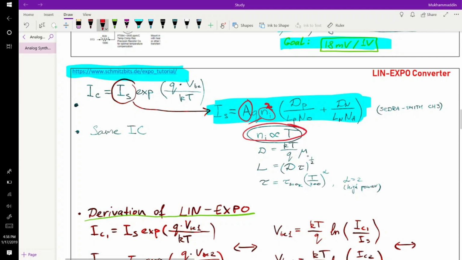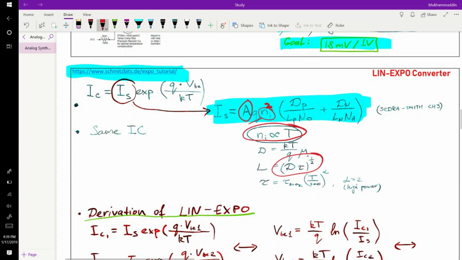Diffusion length, and ND and NA are dopings for n-doped and p-doped regions of the diode, so they are not dependent on temperature, but Dp and Lp, Dn and Ln are functions of temperature. But if you look here, it's actually square root of that dependence.